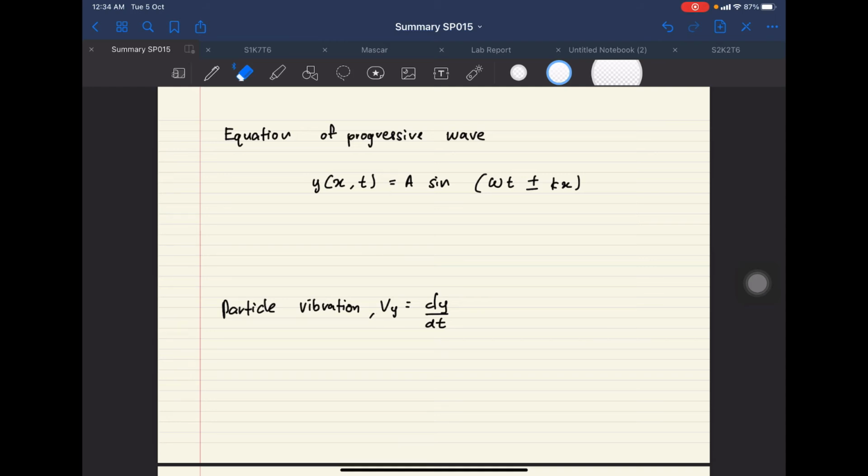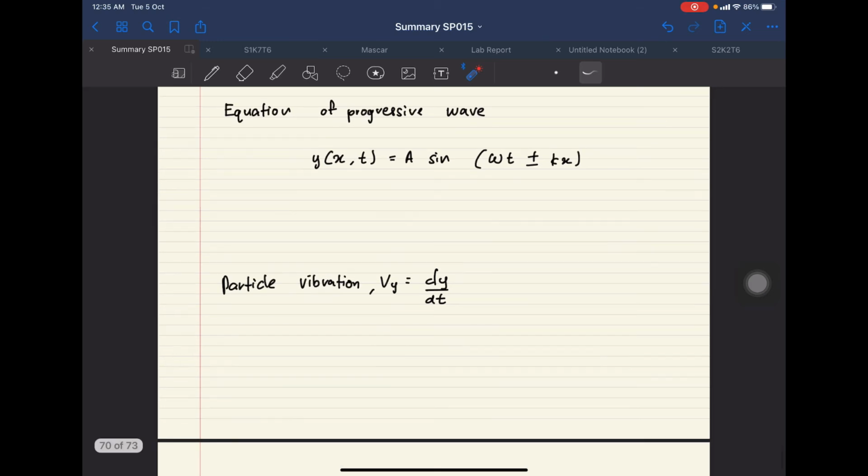But here it's a progressive wave, it moves as time goes on. So you have two variables. Instead of phi, you have kx. This equation depends on x and t. Other than that, A, omega and k are constants, but t and x change with time.